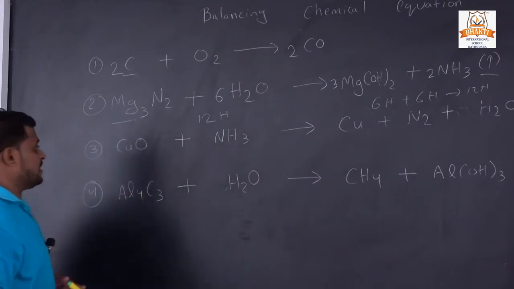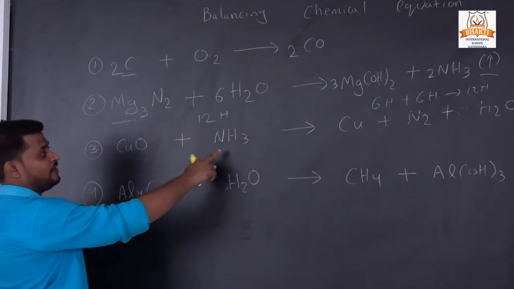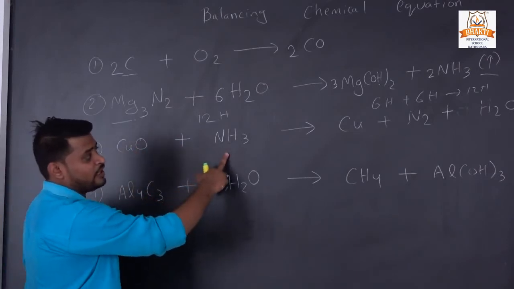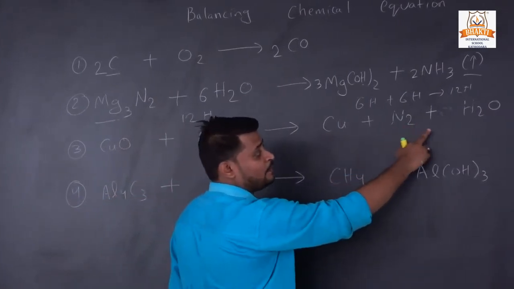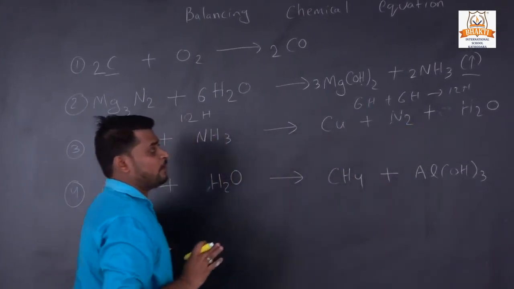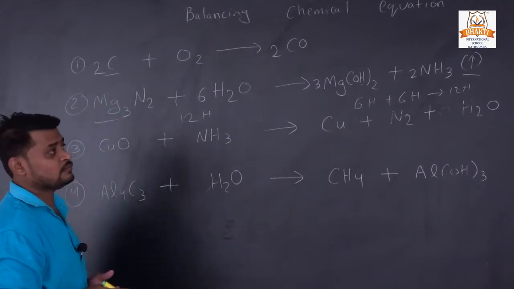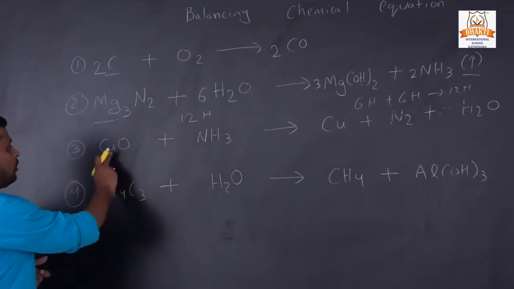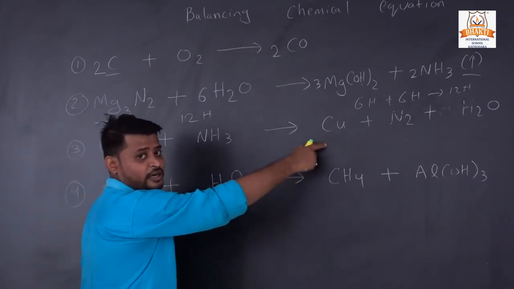Now take another example. Copper oxide will react with ammonia. When copper oxide reacts with ammonia, it gives us copper plus nitrogen plus water. So many products will be gained. Now the same method. What is the metal here? Copper. First we balance copper. Copper is 1 and here also 1, it is already balanced.